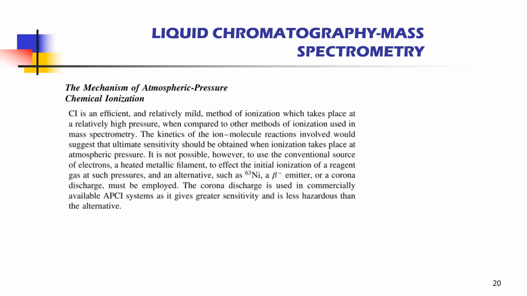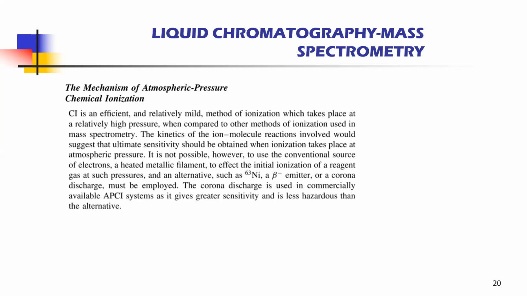Chemical ionization is an efficient and relatively mild method of ionization which takes place at a relatively high pressure. When compared to other methods of ionization used in mass spectrometry, the kinetics of the ion-molecule reactions involved would suggest that the ultimate sensitivity should be obtained when ionization takes place at atmospheric pressure.